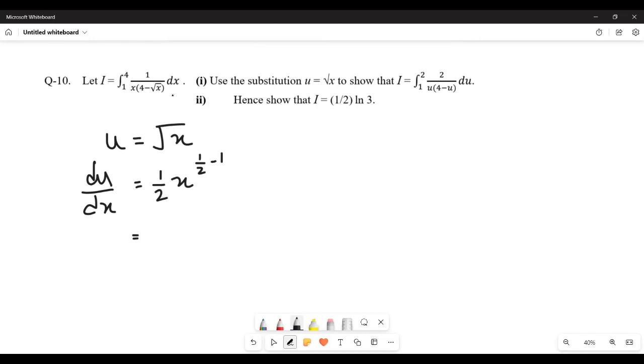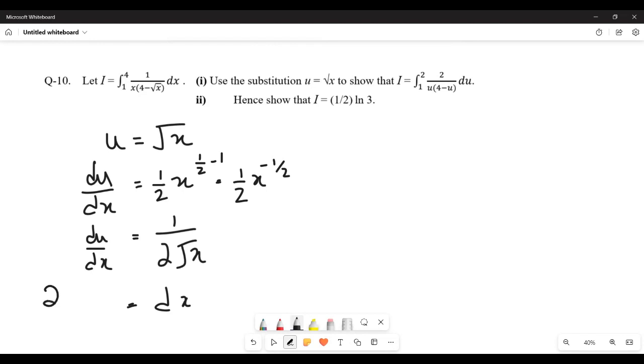So that becomes 1 upon 2 square root of x, because we get half x to the power minus half, which goes in the denominator and becomes x power half, which is square root of x. So du upon dx is equal to that. That means dx is equal to 2 square root of x du.